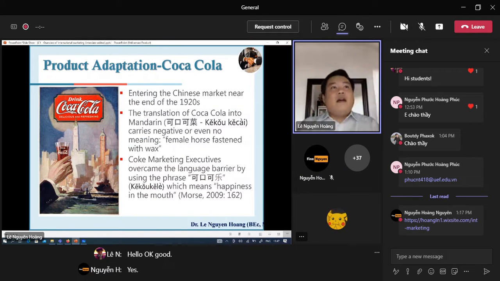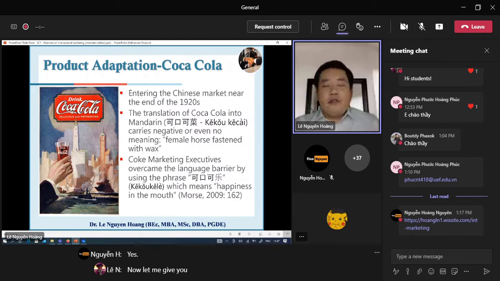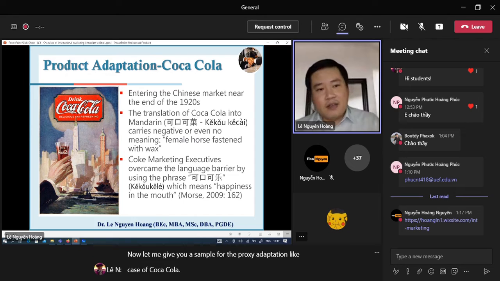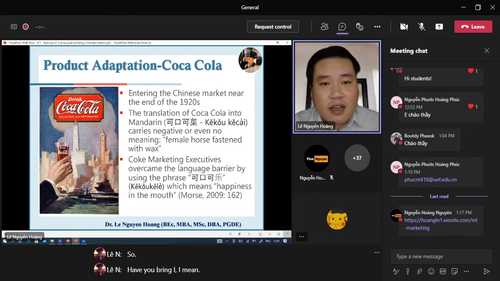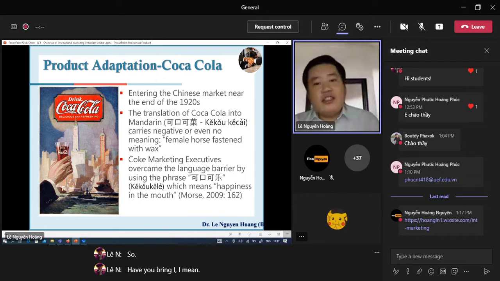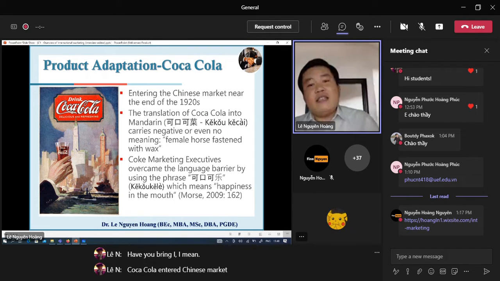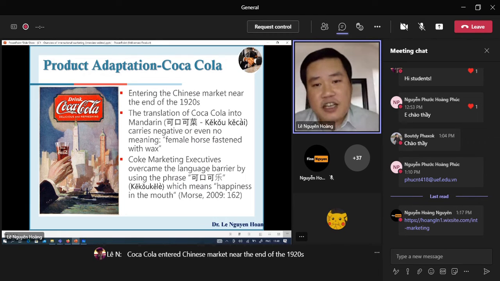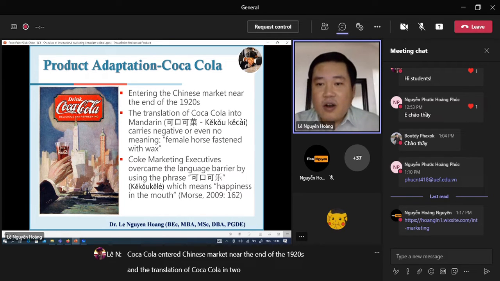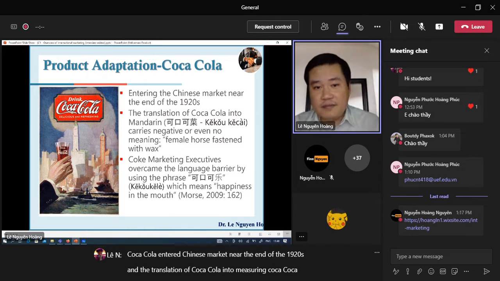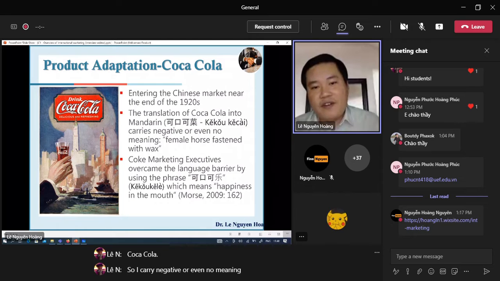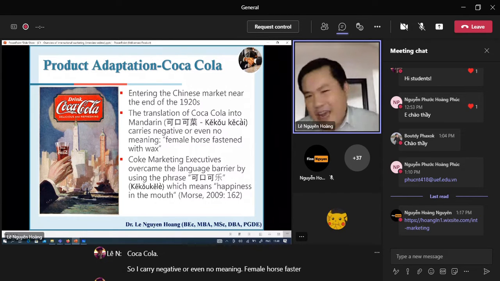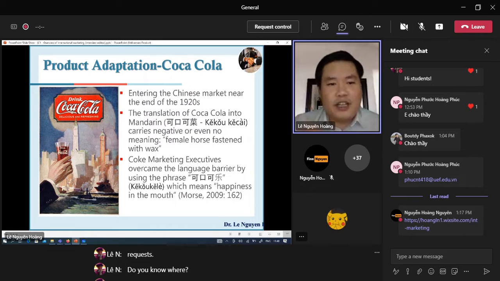Now, let me give you an example of product adaptation, the case of Coca-Cola. Coca-Cola entered the Chinese market near the end of the 1920s, and the translation of Coca-Cola into Mandarin carried negative or even no meaning: female horse fastened with wax. Do you know wax? The stuff to polish your shoes.